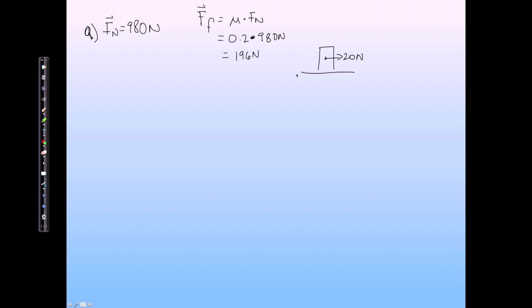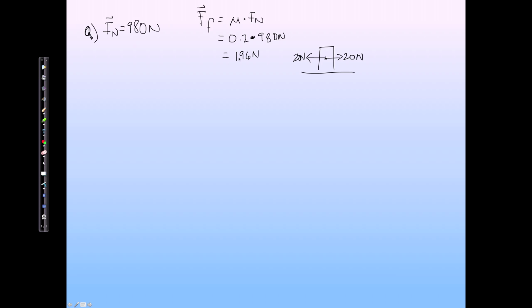Why? Because friction will oppose it up to 196 newtons. So if you push 20 newtons, it won't move. Why? Because friction will oppose that up to 196. In this case, it'll oppose it with 20 newtons of force.